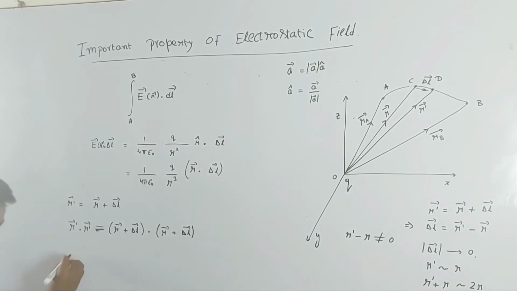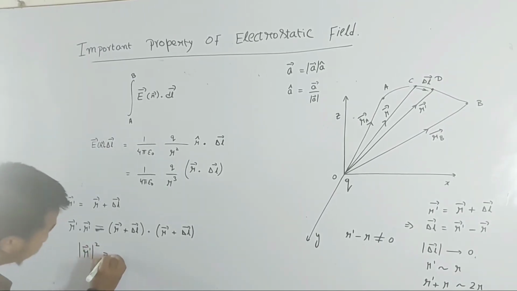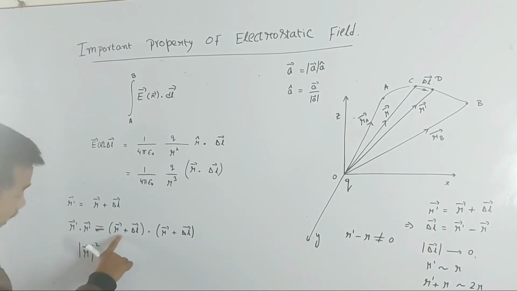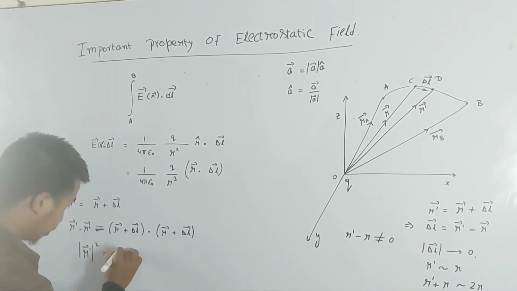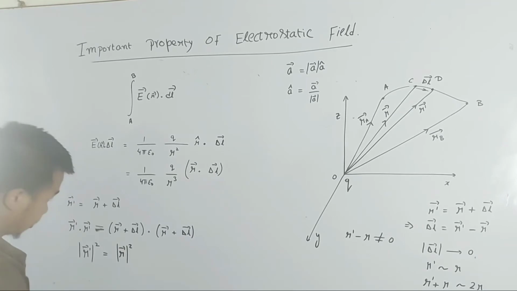So this can be written as, what is R dash vector dot R dash vector? This is equal to mod of R dash whole square. So this is equal to, take the dot product, R dot R, so mod of R square.